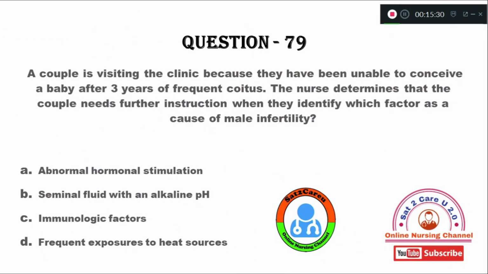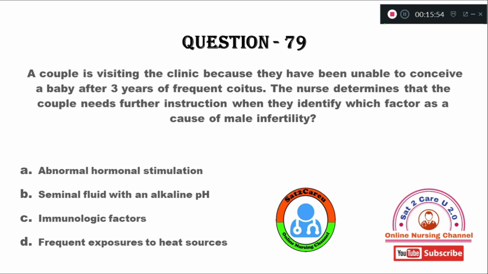Question number 79. A couple is visiting the clinic because they have been unable to conceive a baby after 3 years of frequent coitus. The nurse determines that the couple needs further instruction when they identify which factor as a cause of male infertility. Option A, abnormal hormonal secretion.